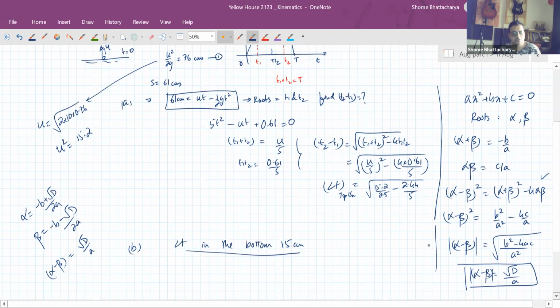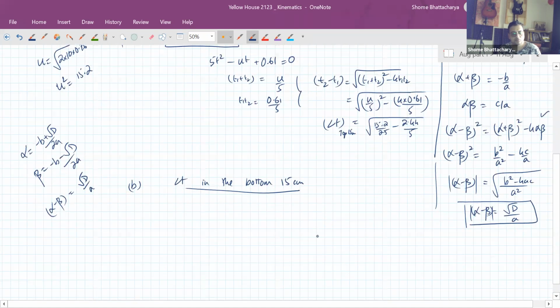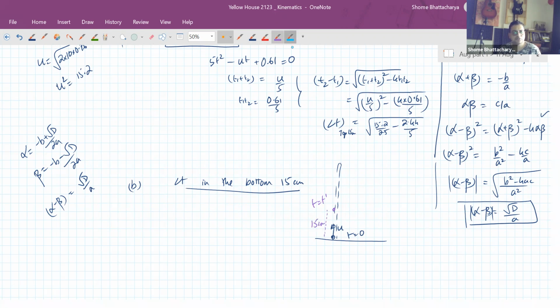What is happening is, if it goes up and comes down, let's say at some time t prime it is here, and then again on the way down at some time t double prime it is here.